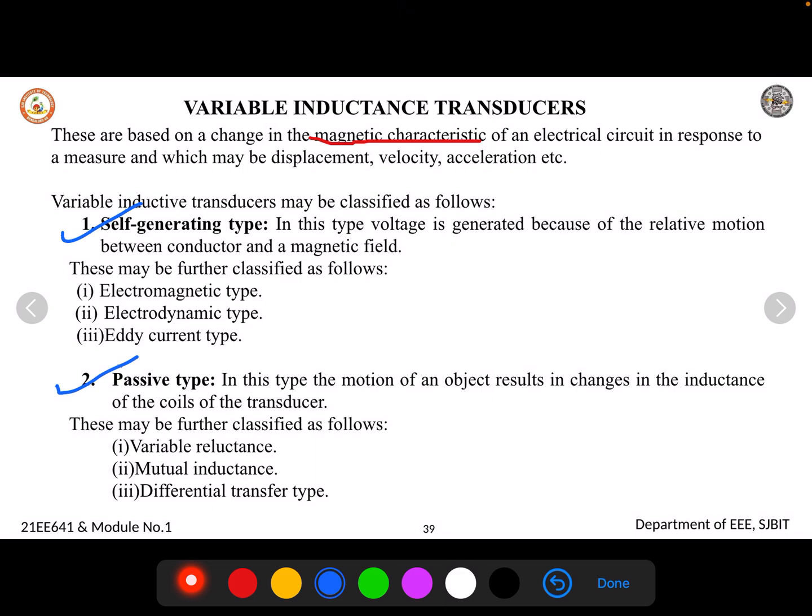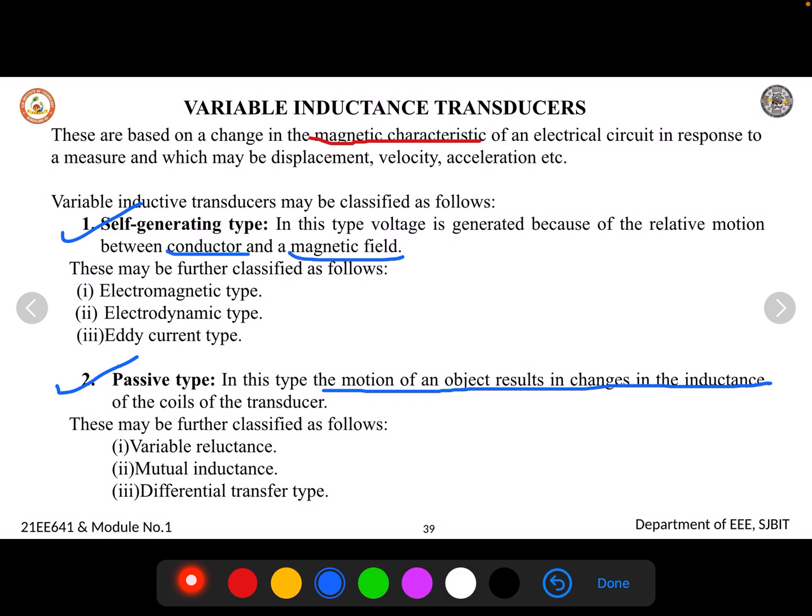Whereas in the second one, the motion of the object results in a change in the inductance of the coil of the transducer. Whatever object you connect, the mechanical input, if that movement is changing, the inductance will change. That is called a passive type. Self-generating generates a voltage within if there is relative motion between your conductor and a magnetic field.